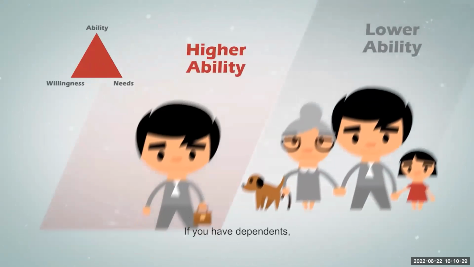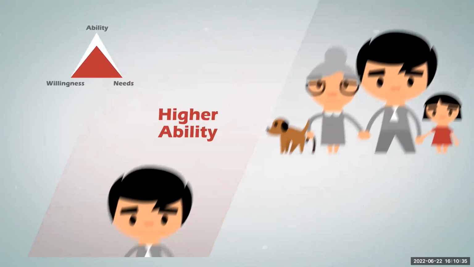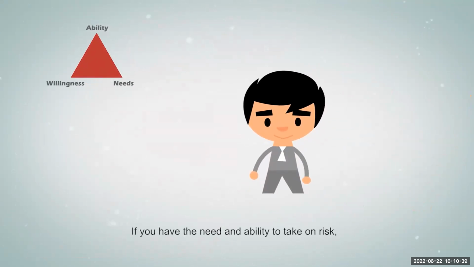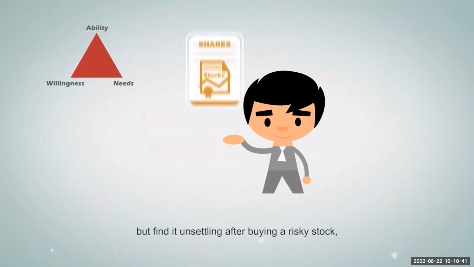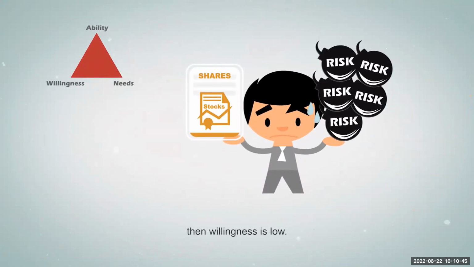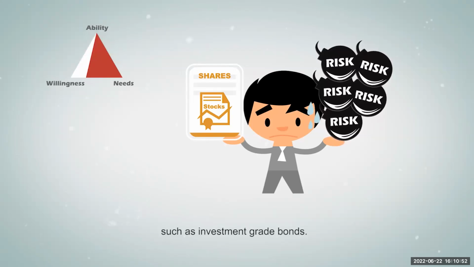If you have dependents, your ability to take risk is likely to be lower than someone with no dependents. If you have the need and ability to take on risk, but find it unsettling after buying a risky stock, then willingness is low. You may want to consider investments with a lower risk profile, such as investment-grade bonds.